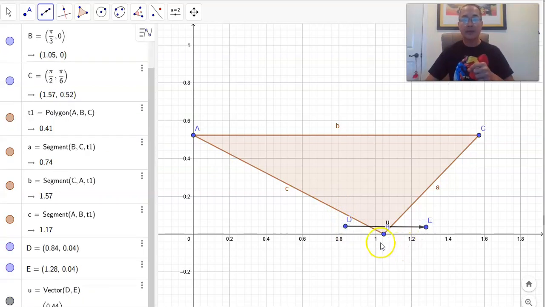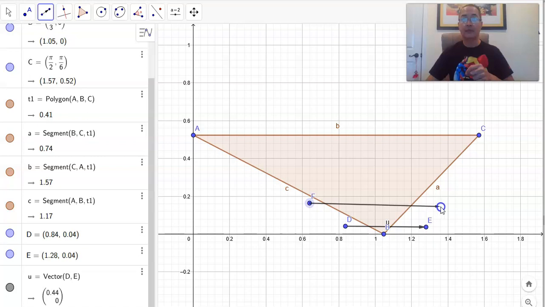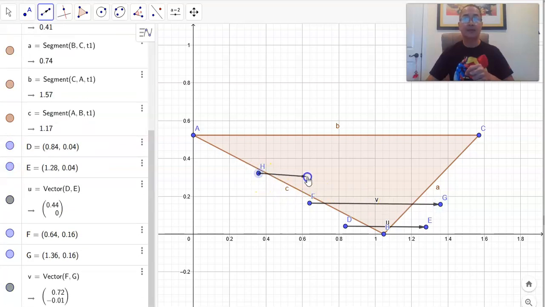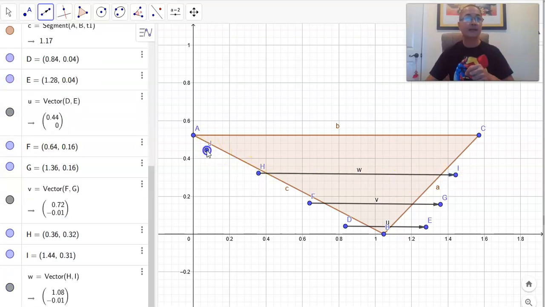We are entering the region along AB and exiting along BC. Let's keep shooting those arrows, left to right, and a couple more, left to right, and left to right.